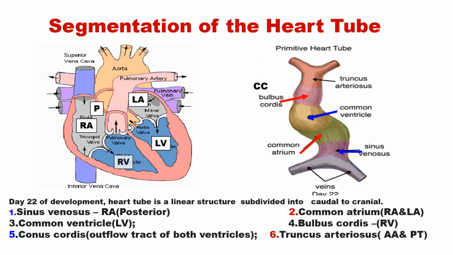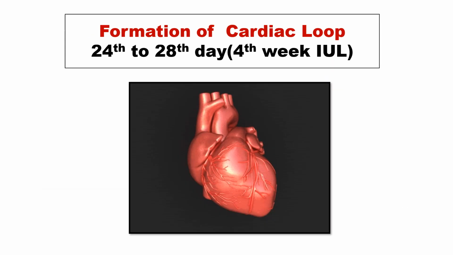Bulbus cordis forms the trabeculated inflow tract of right ventricle. Conus cordis forms the outflow tracts of left ventricle and right ventricle. Left ventricle, it forms the aortic vestibule. Right ventricle, it forms the infundibulum. Truncus arteriosus forms the ascending aorta and the pulmonary trunk.